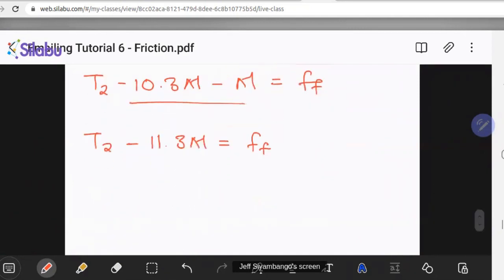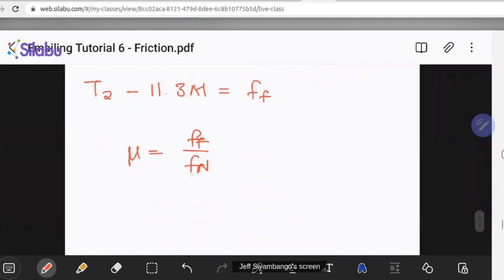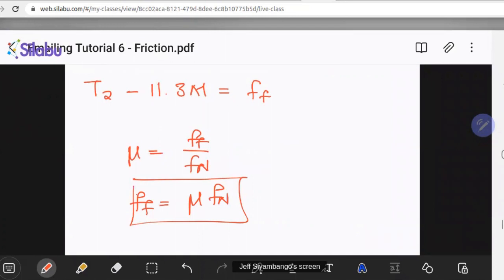Now, from here, we know what the force of friction is. The coefficient is equal to the force of friction divided by the normal force, implying that we can say the force of friction is equal to the coefficient multiplying the normal force. Remember what the normal force was? We found it earlier on. The normal force, we saw, was equal to 19.6 m.